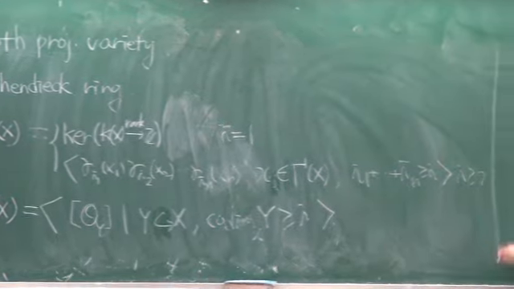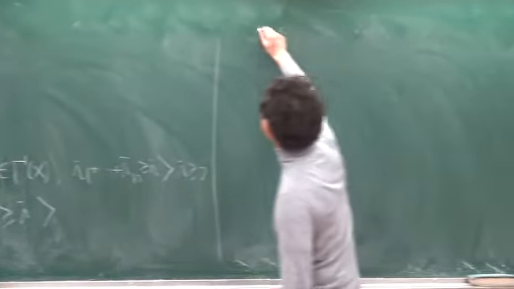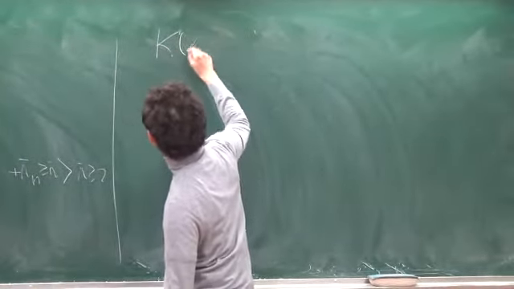So we have the following filtration on the Grothendieck ring.